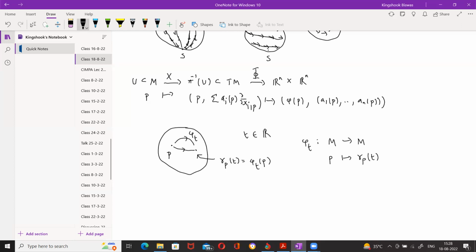Now, this is if the maximal integral curves are defined for all time. In general, they won't be defined for all time.